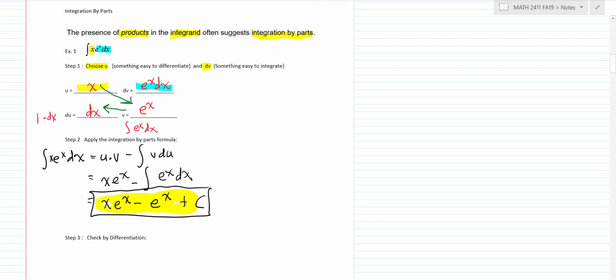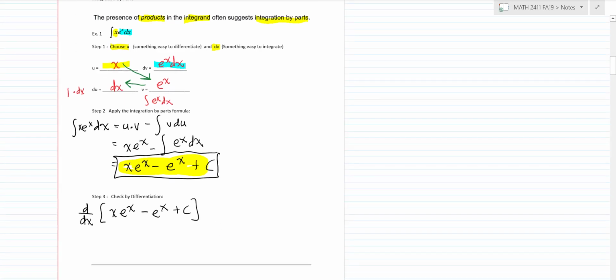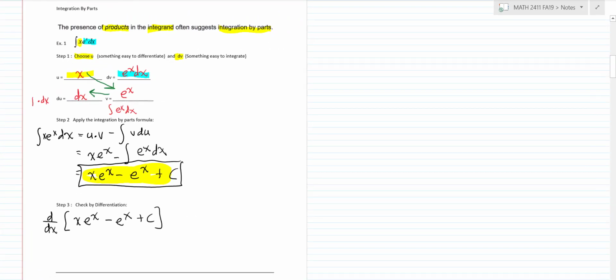All right, so let's go ahead and let's check by doing the derivative. So you always have the power to see if you've done this right or not. So let's just do the derivative of our answer and see if that doesn't take us back to the beginning like we would expect it to if we did this correctly. All right, so this would be a product rule right here. So when I do the product rule, you can do the derivative of the first, which would be 1, times the second.